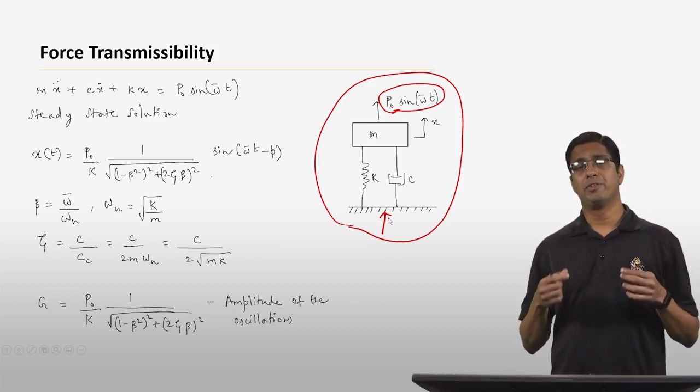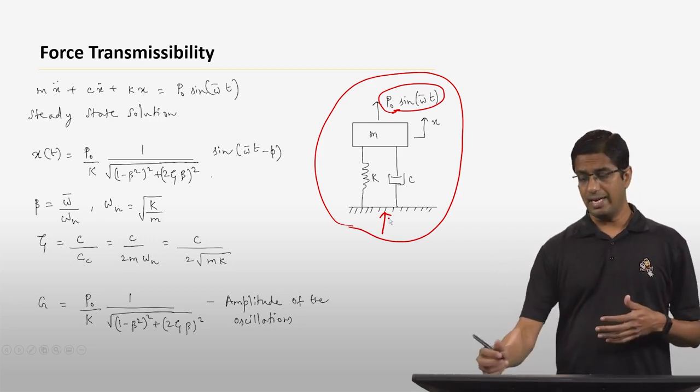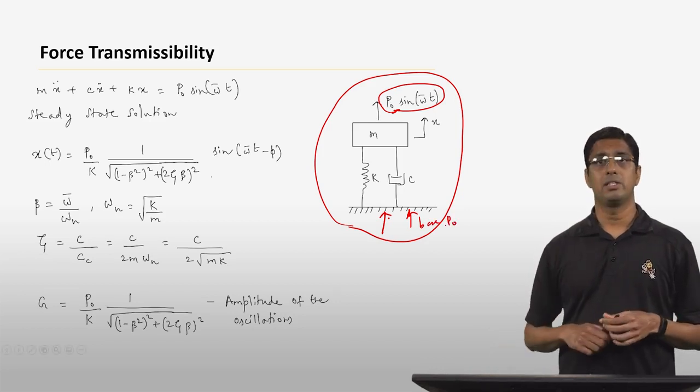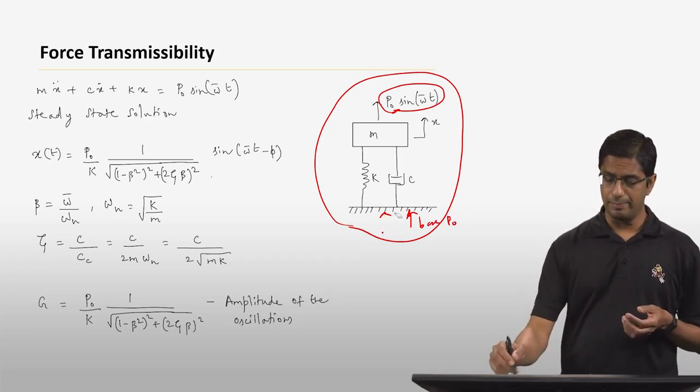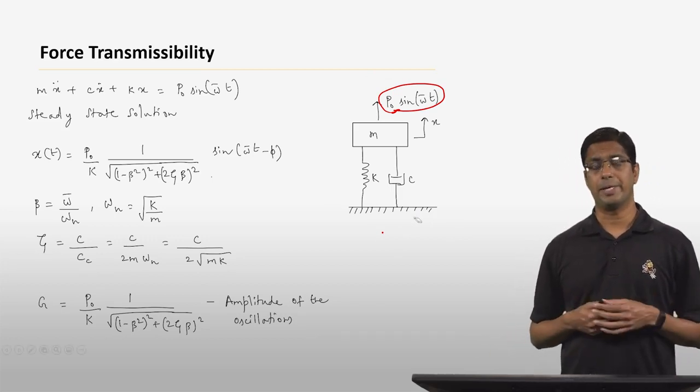Now, if you just apply a static force P0, the reaction at the base would be just P0. Based on statics, the reaction at the support should also be equal to P0.